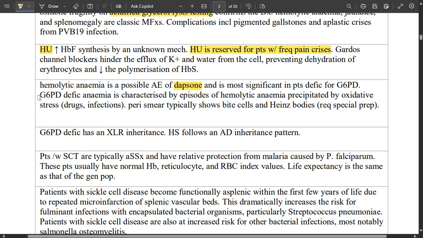Thus, drugs and infections which increase oxidative stress cause RBCs to rupture, and reactive oxygen species damage the RBCs, forming Heinz bodies. Heinz bodies are classical manifestations of this anemia, and bite cells are also formed.